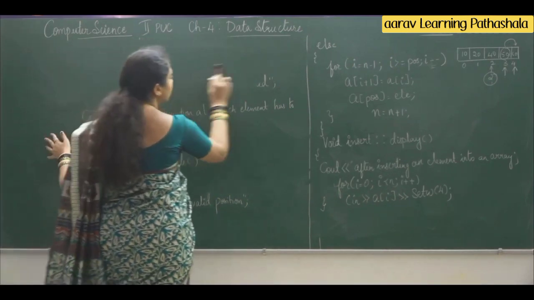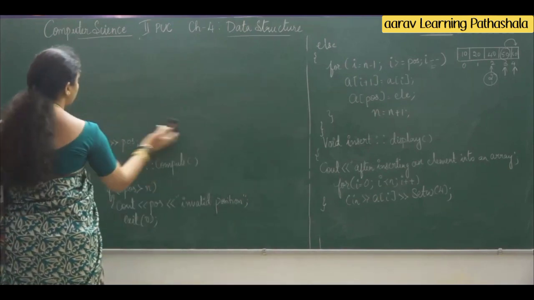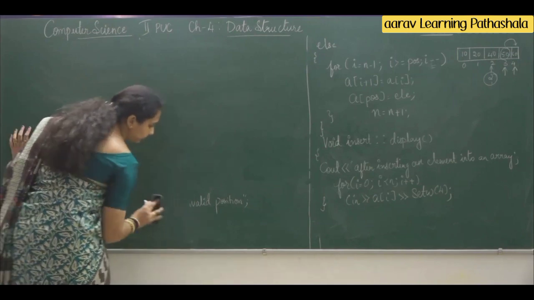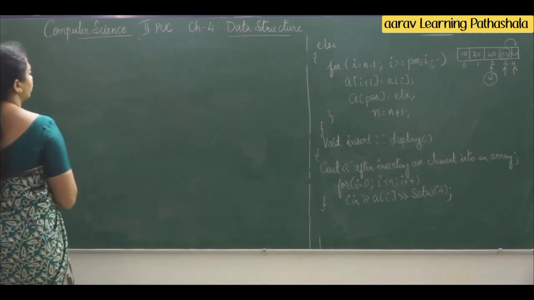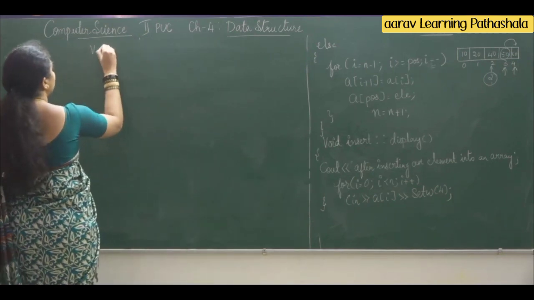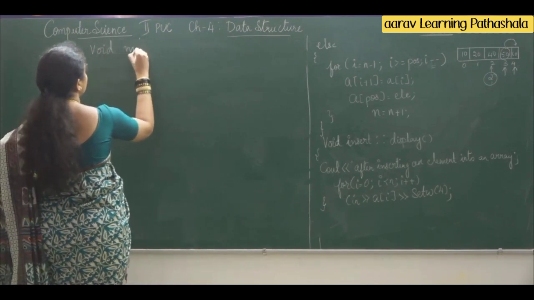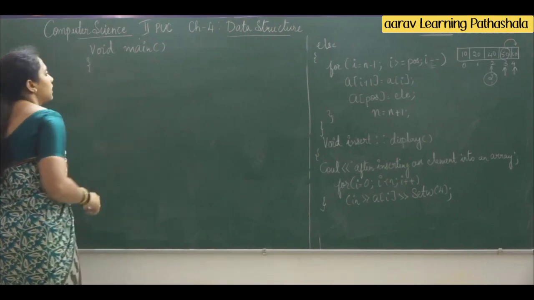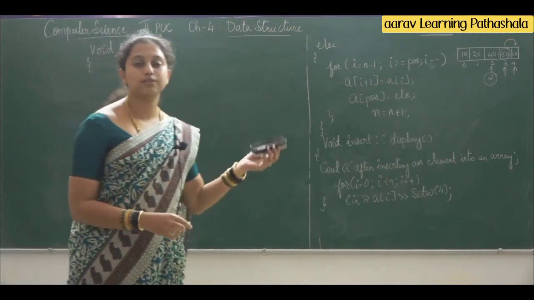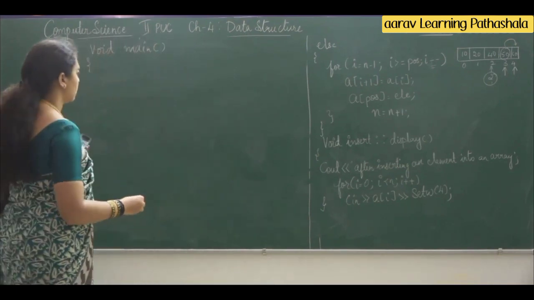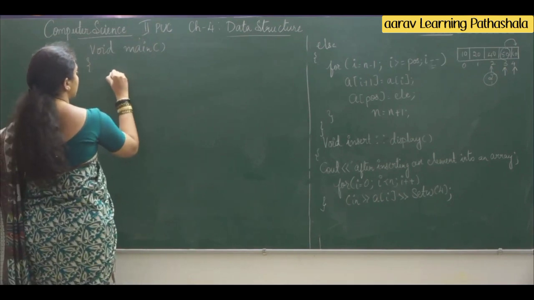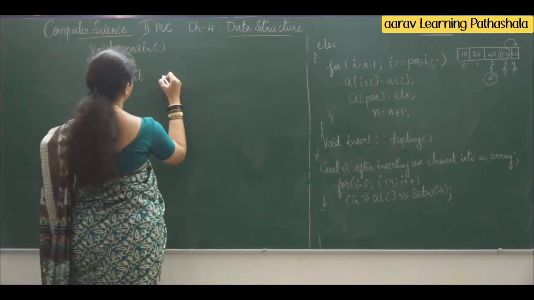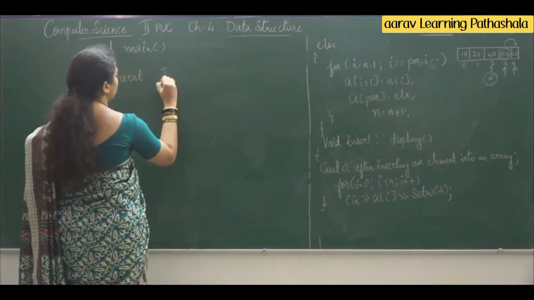So now we have to create an object for the class insert. In the main function we have to create an object for the class insert. So how to create an object? First we have to write the class name, then the object name. Insert i.